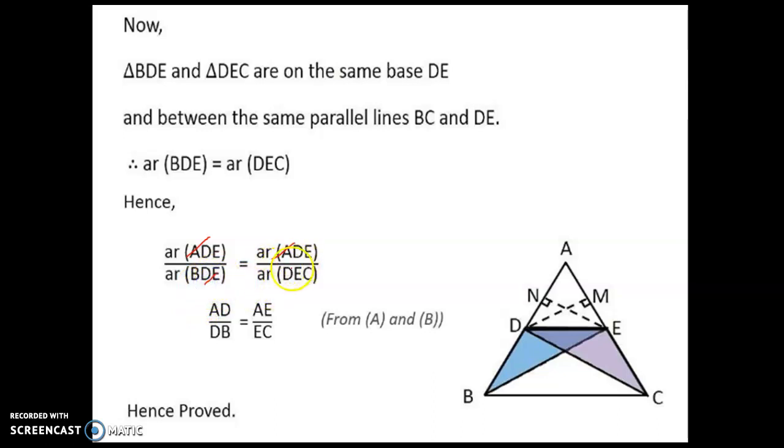That's why we are concluding that these two ratios are equal, which we got from A and B equations. Understood? Already in the ratio we are having ADE and ADE, they two are same. And now we proved that these two areas are also equal. Obviously, so these two ratios are equal. Hence proved. This is how we have to prove this theorem.